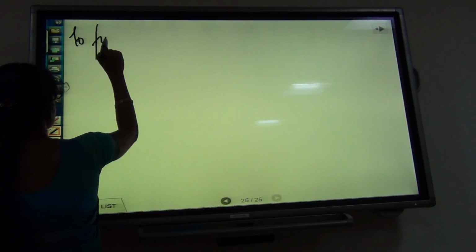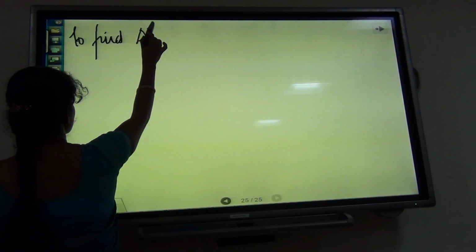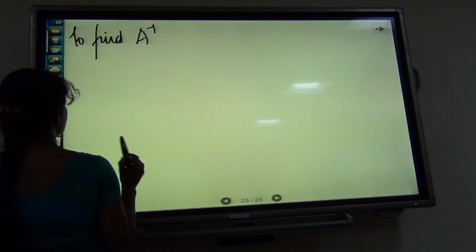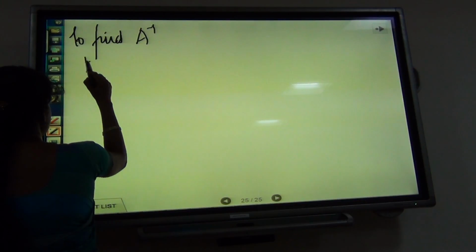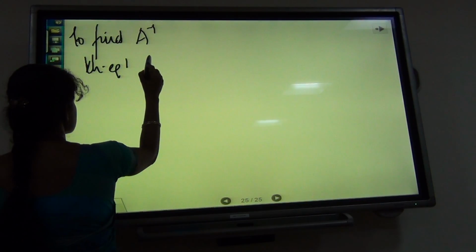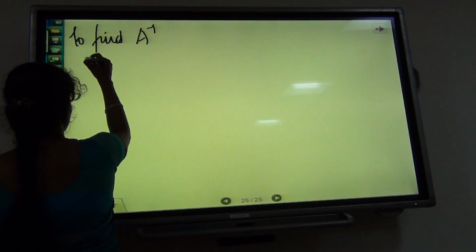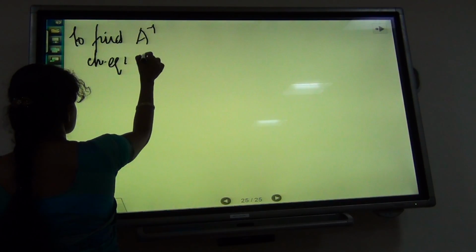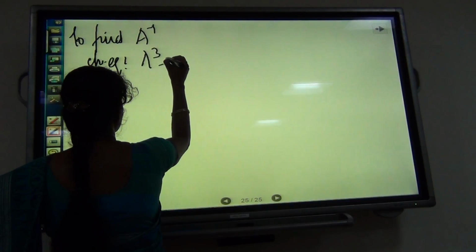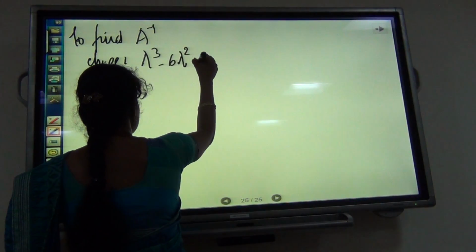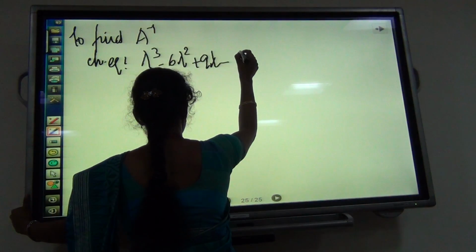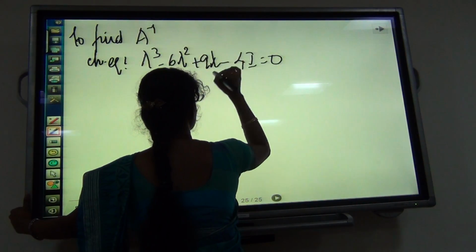Now, remaining is, let us find A inverse and A power 4 for this matrix. How do you find A inverse? That is an application of the Cayley-Hamilton theorem. What is the characteristic equation? It is lambda cube minus 6 lambda square plus 9 lambda minus 4 equal to 0.